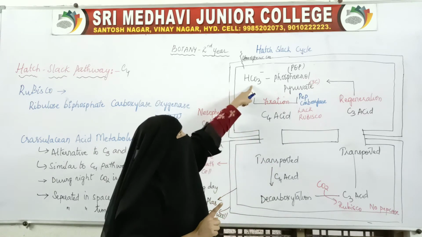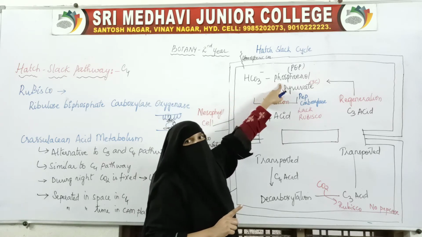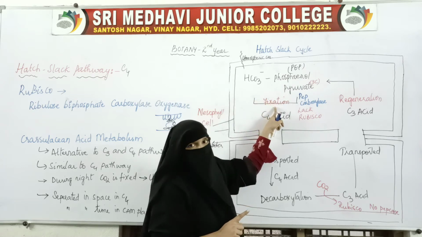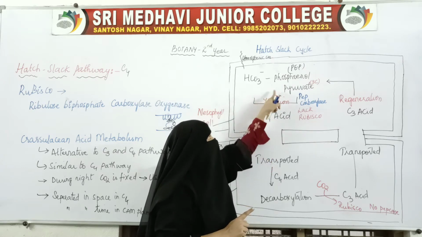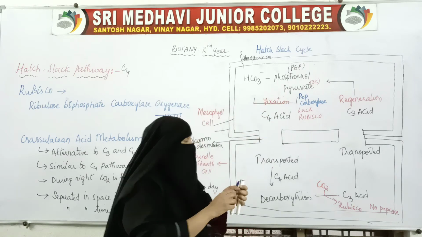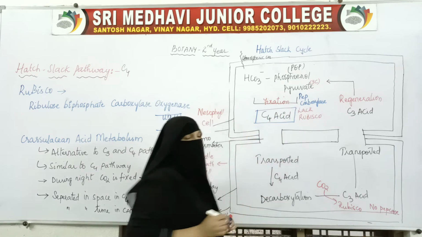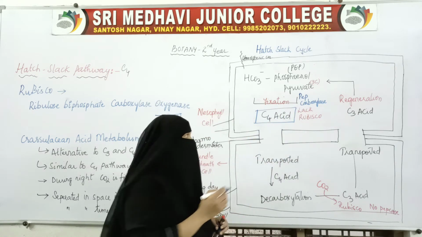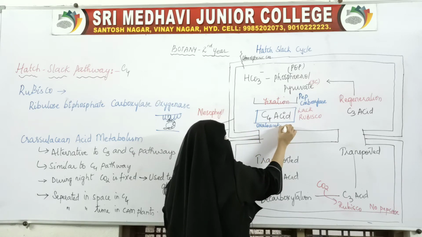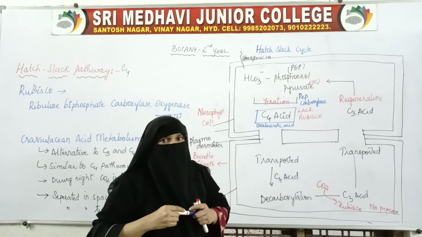So when this carbon dioxide is fixed with this phosphoenol pyruvate, this process is called fixation, and what we get is a C4 compound, that is a C4 acid, which is nothing but oxaloacetic acid.